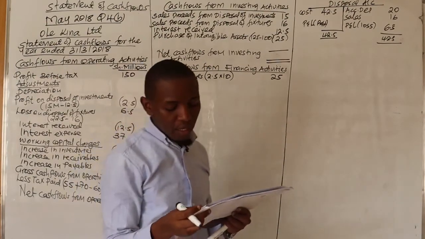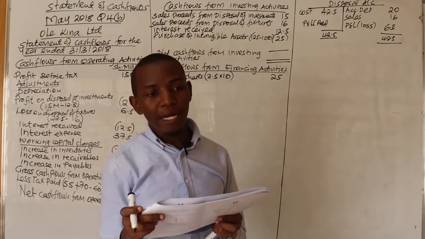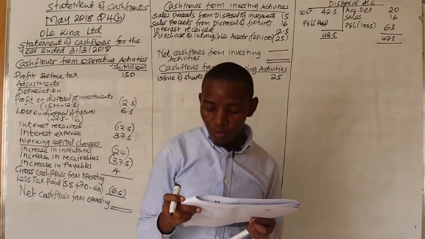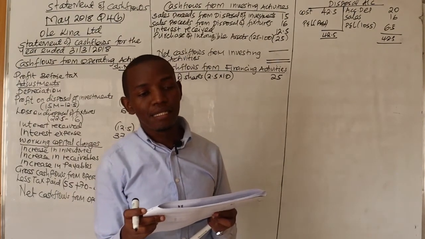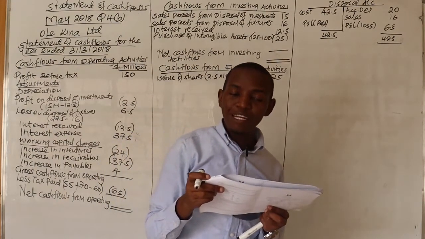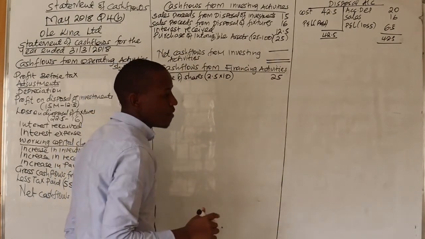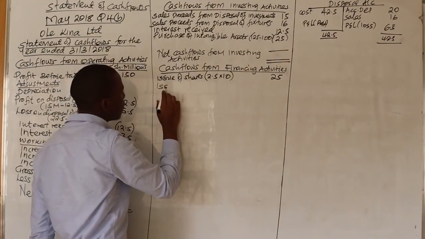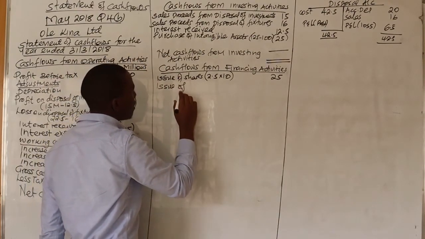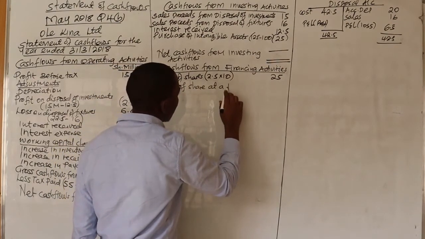When you check on the equity and liabilities, on the share capital, 2017 was 75 and 2018 is shillings 100. So the difference of 25 is as a result of what? The shares that were issued. Now, the shares were also issued at a premium.